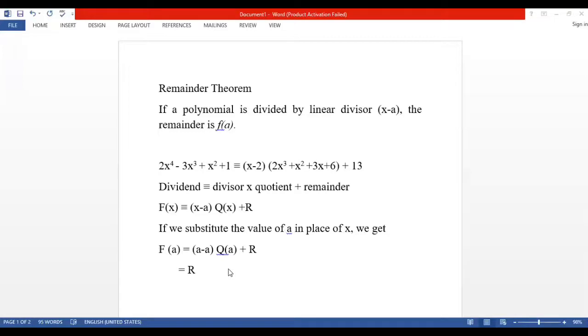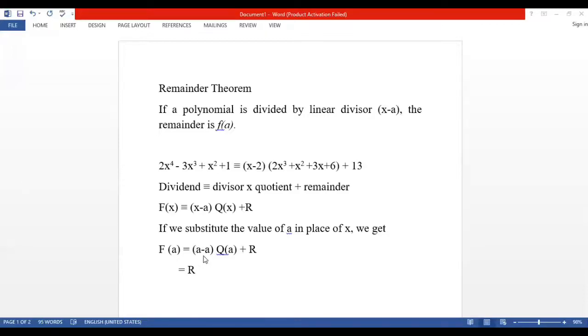How do we get that? Let's see. Here, we are substituting x with a. So f of a is equal to (a minus a) times the quotient, and a minus a automatically becomes 0 regardless of what number a is.